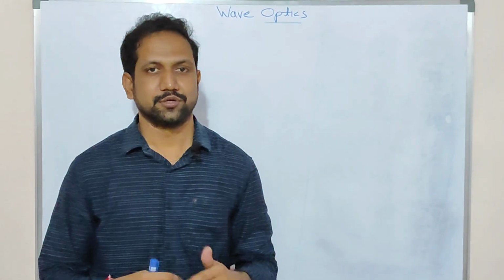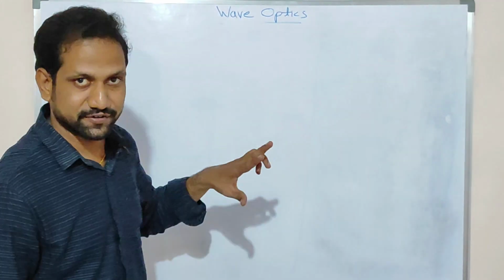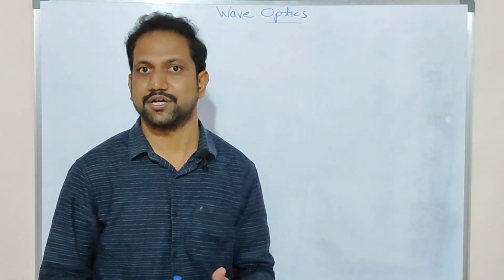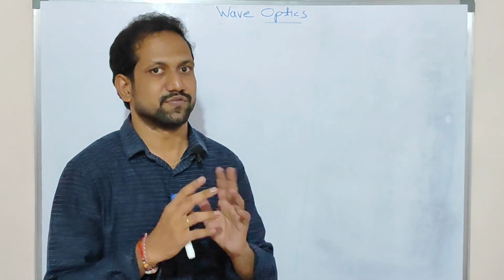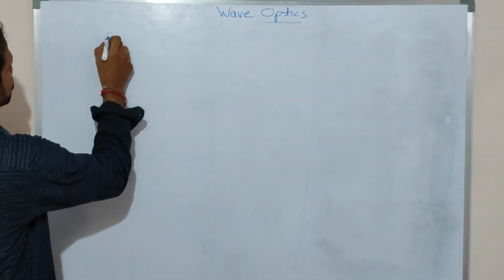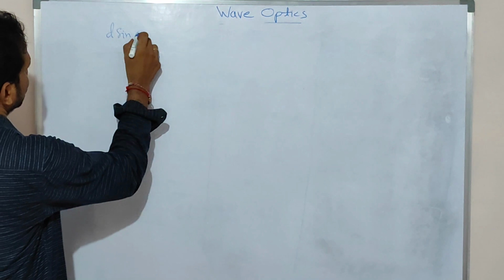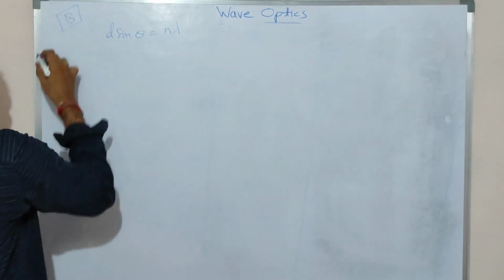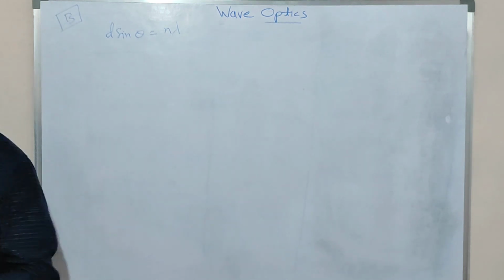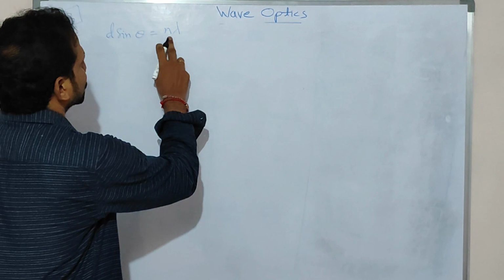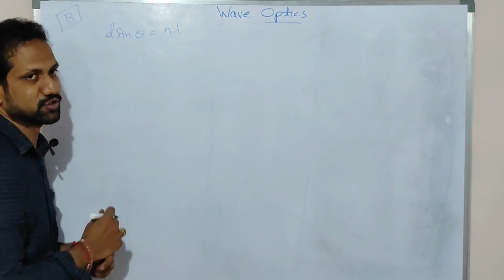Let us see how many fringes are formed in the interference pattern: how many bright fringes, how many dark fringes, and the total number of fringes also we will discuss. For that, again we use d sin theta equals n lambda for bright fringes, where n is the order of the fringe, n may be 1, 2, 3 and so on, up to the last fringe.